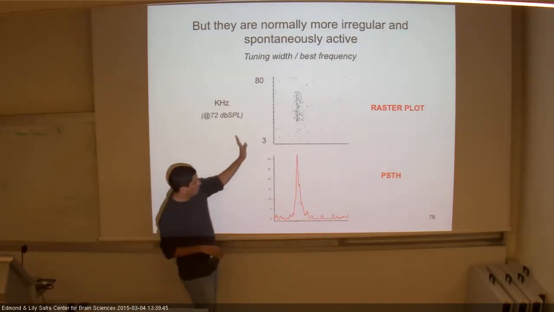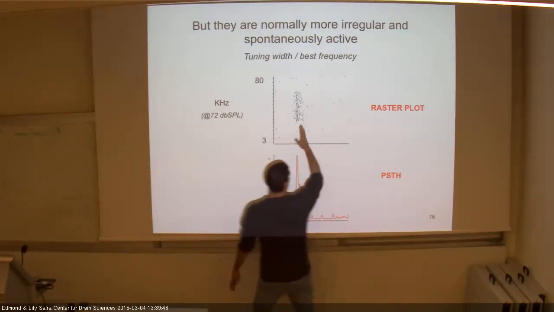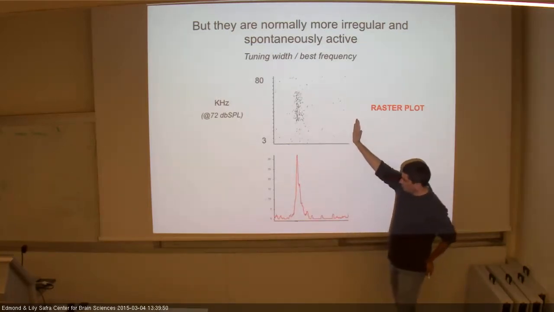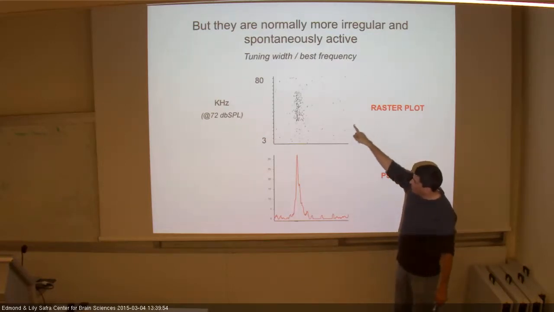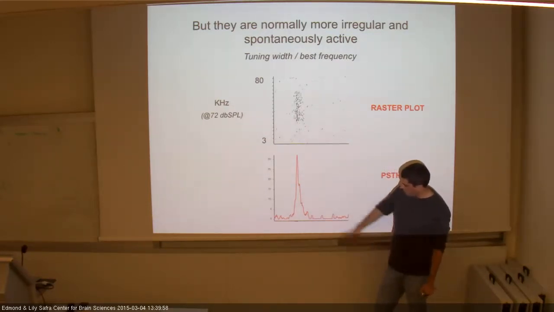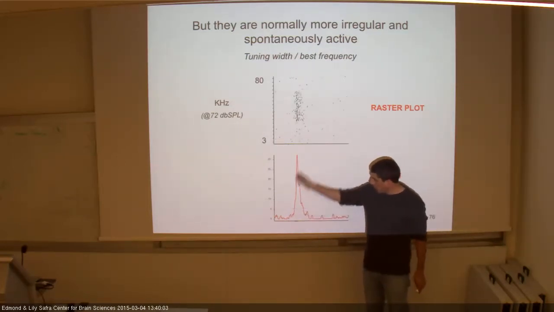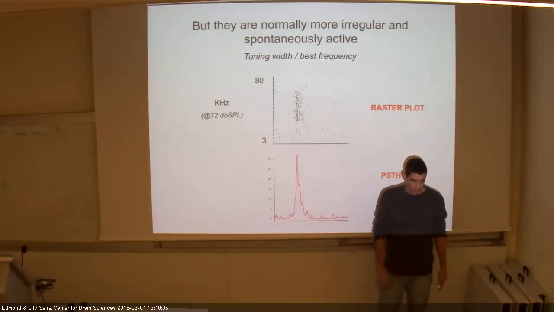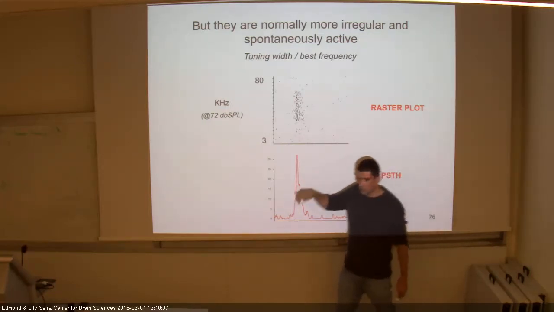If we want to look at the frequencies, we would have to do another dimensional reduction on this axis, and then you will see exactly what frequencies this neuron responds to. But the PSTH is very common for seeing the locking of a neuron to many stimuli. So this is called the PSTH, and this is called the raster plot.